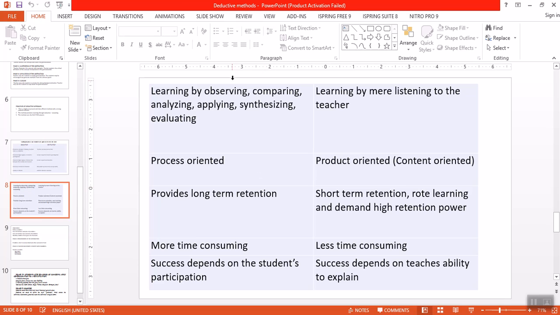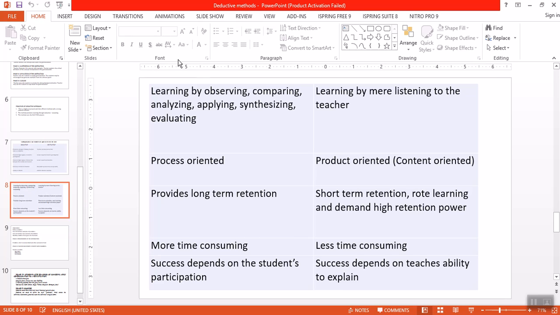Inductive provides long-term retention. If you follow the inductive method of teaching, students will have longer retention. They can memorize things for a longer time, whereas the deductive gives just short-term memory, and then they forget. So it encourages a lot of rote learning.